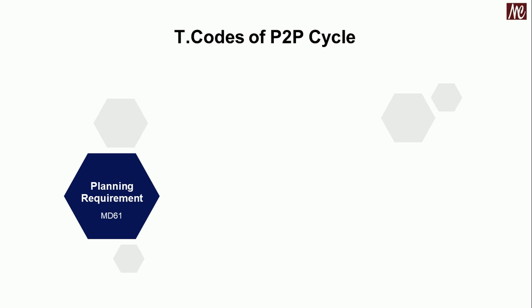Considering MTS, and planning being executed and activated in your system, then MD61 is the first and preliminary transaction code which consultants generally use, meaning plan to produce consultants, production planning consultants, or PPDS consultants.